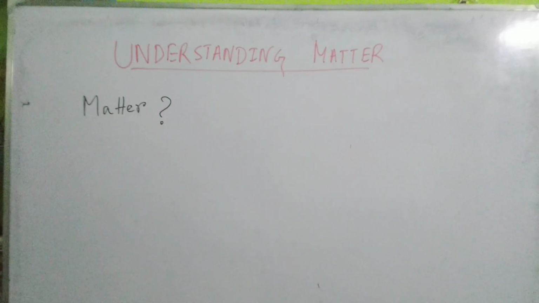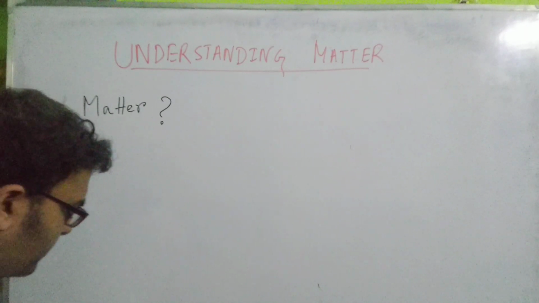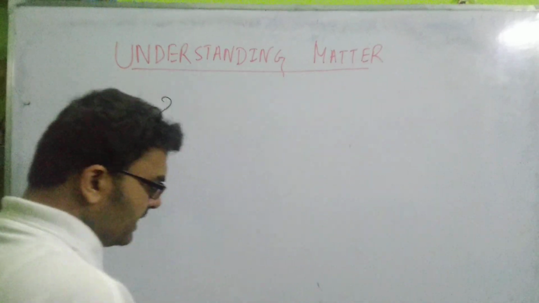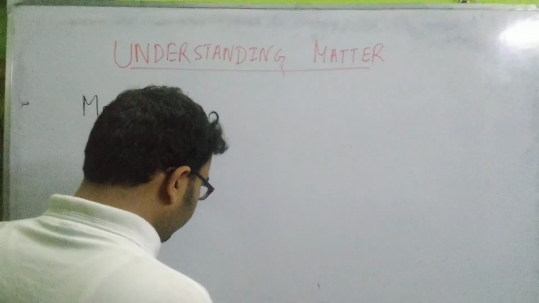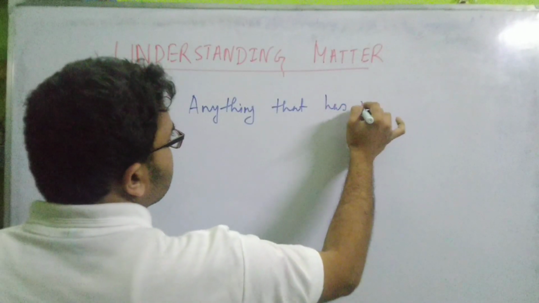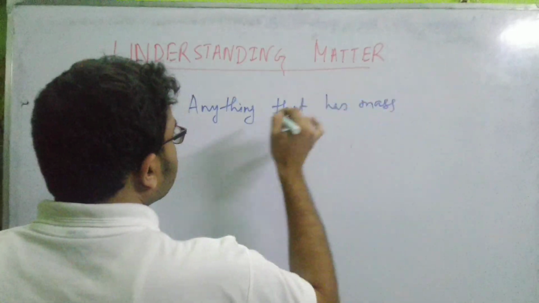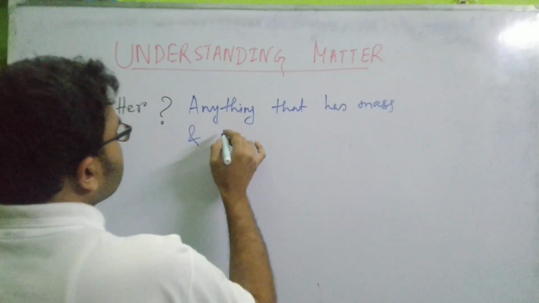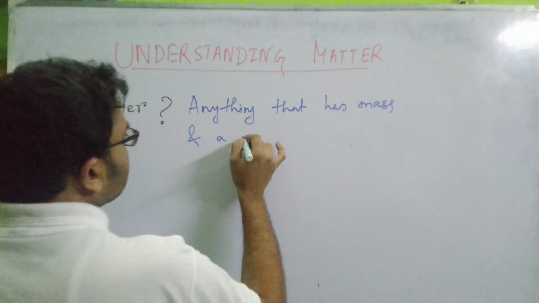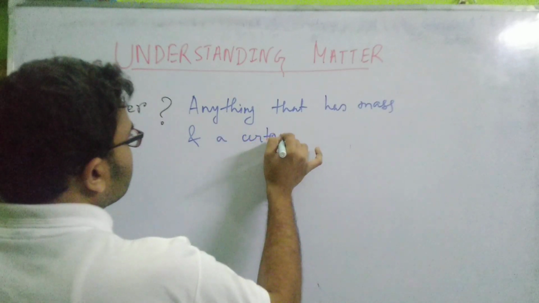Fine. So if I go to the basic question, what is matter, the answer will be: matter is anything which has certain mass and occupies a certain amount of volume. So matter is anything that has mass and a certain volume.